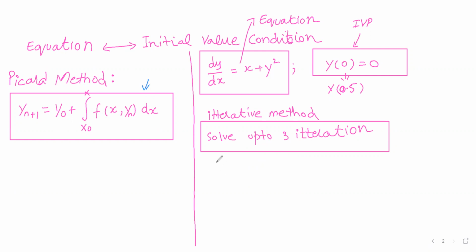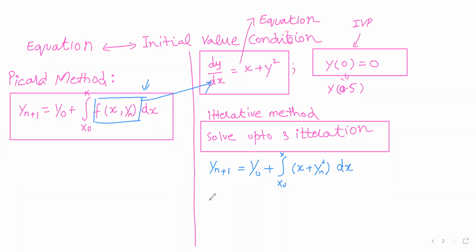We can write y n plus 1 equals y naught plus the integral from x naught to x of f of x, which is always this one, so x plus y n squared dx.